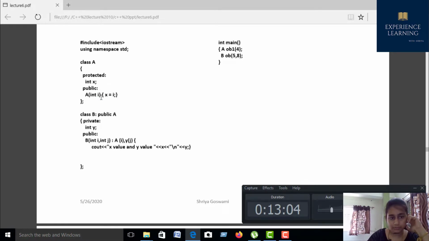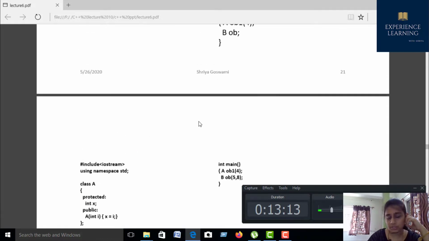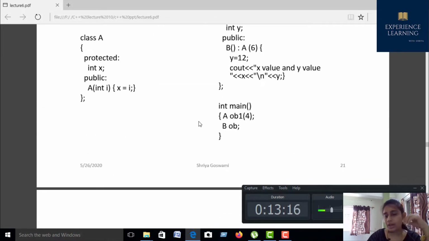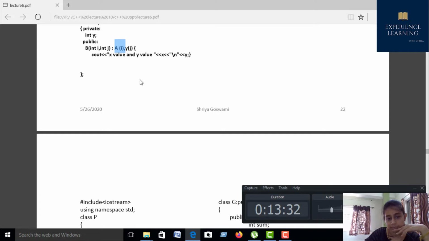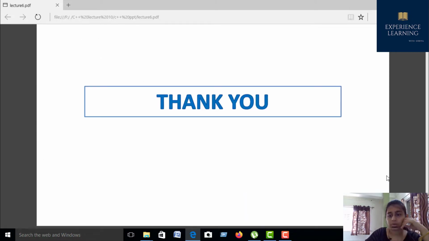It is a parameterized constructor in the base class and a parameterized constructor in the derived class. Again, explicit initialization is needed. So if we have a parameterized constructor in the base class, explicit initialization is mandatory, whether it is a parameterized constructor in the derived class or a default constructor in the derived class. Hope you understand. If you have any question, you can ask me.